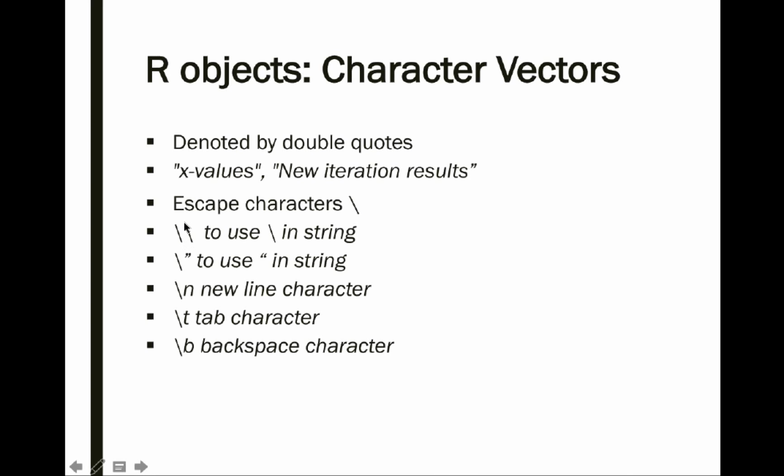For example, if you want to put a backslash in your string, you have to escape that backslash so that it shows up. Same thing with double quotes, because it would think that the string is finishing. But if you want to put the quotes inside of the string, you have to escape it. There's also special meaning with backslash and new line character, tabs, or backspace. Okay.